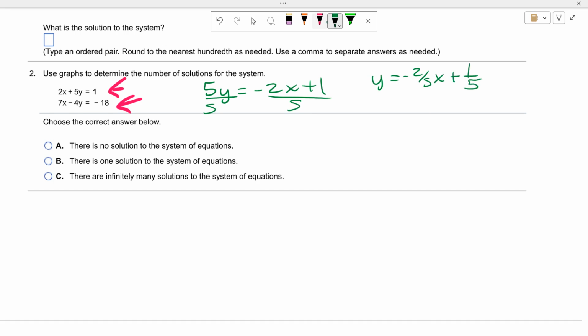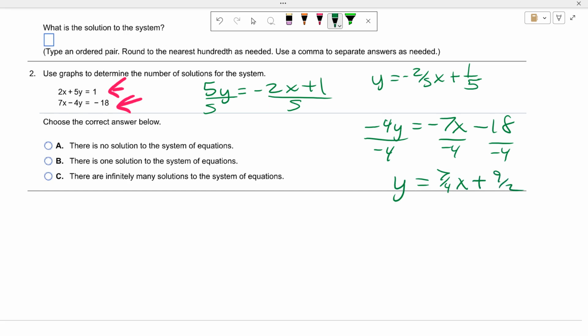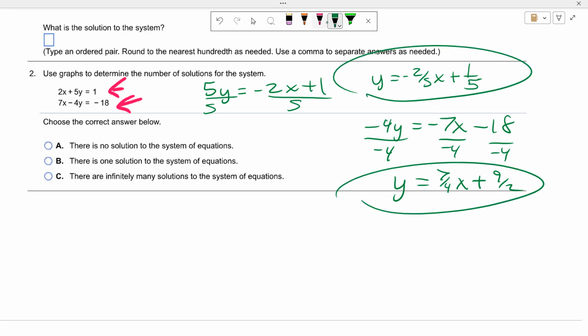And the second one, -4y equals -7x minus 18 if we divide by -4. Y equals 7/4 x plus 9/2. Graph them both. After you graph them, you'll figure out that there is one solution to the systems of equations. Okay.